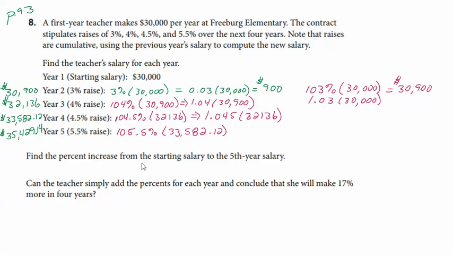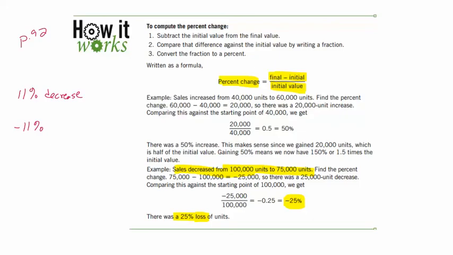Now, find the percent increase from the starting salary to the 5th year salary. So the starting salary was 30,000, and the 5th year salary was 35,429.14. So we want to find the percent increase from this number to this number. Remember how we do that? Percent increase.